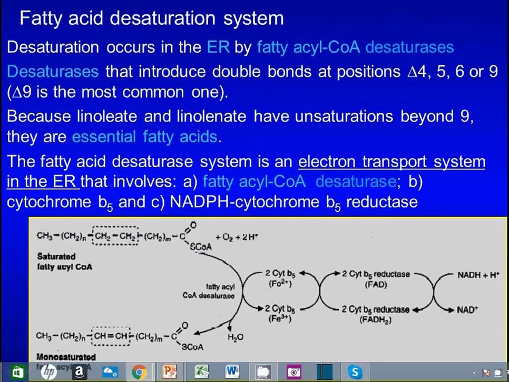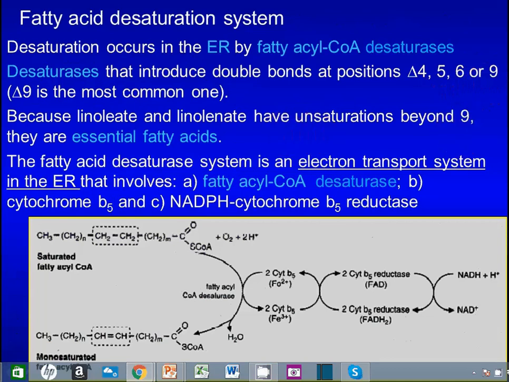Desaturation also occurs in the ER by fatty acyl-CoA desaturase. This enzyme introduces a double bond at position 4, 5, 6, or 9. Because linoleic acid and linolenic acid have double bonds beyond position 9, they are essential fatty acids.